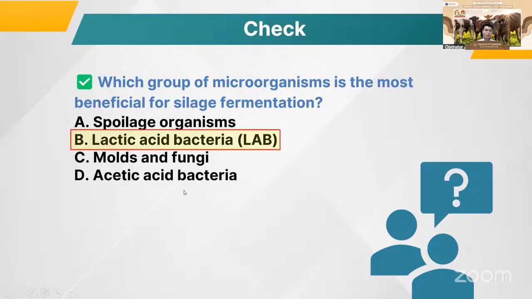The answer is B, lactic acid bacteria. Other microorganisms might be present in the silage fermentation process, but they do not dominate in our silage.